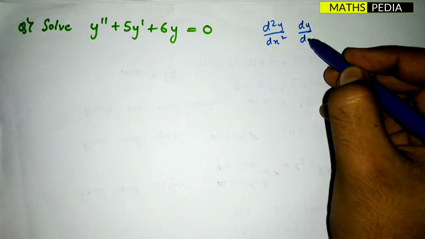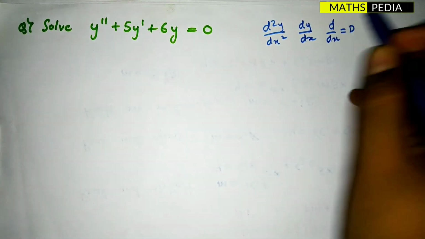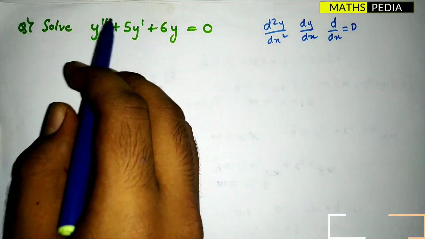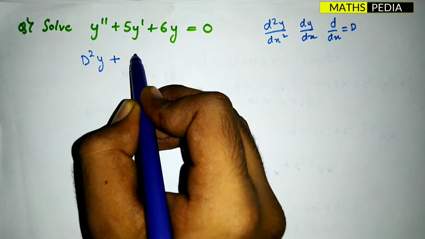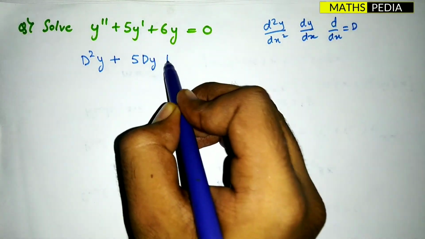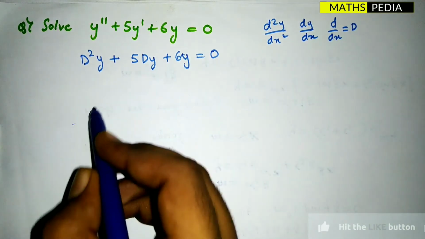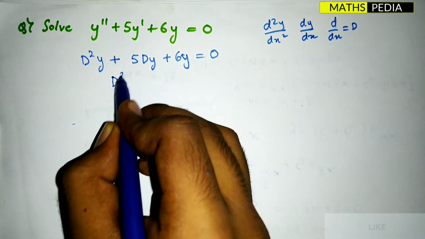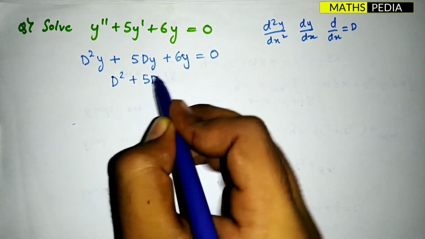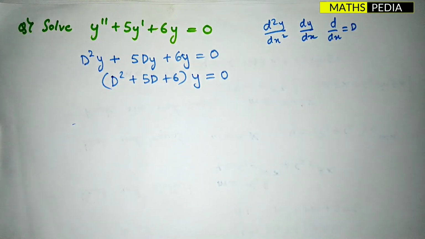Here you have to consider d by dx as D. So the equation becomes d square y plus 5 dy plus 6y is equal to 0. From this I can take y common, so (D square plus 5D plus 6) into y is equal to 0. This is the first step you need to do.